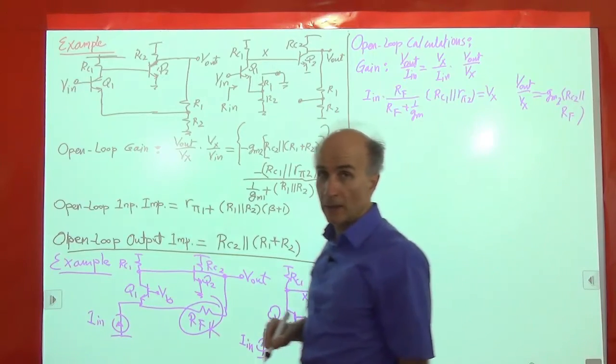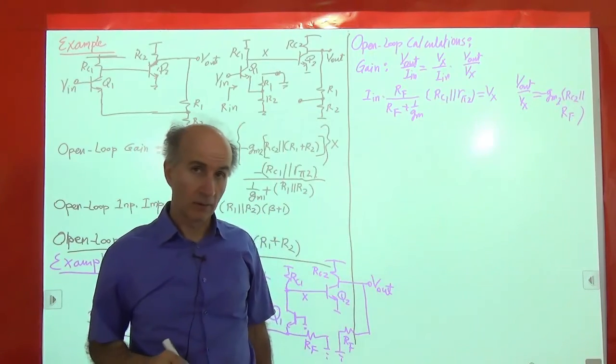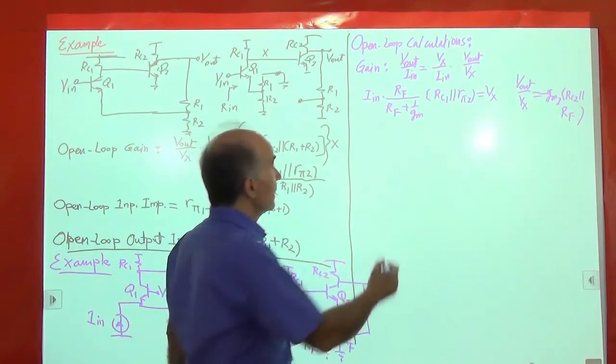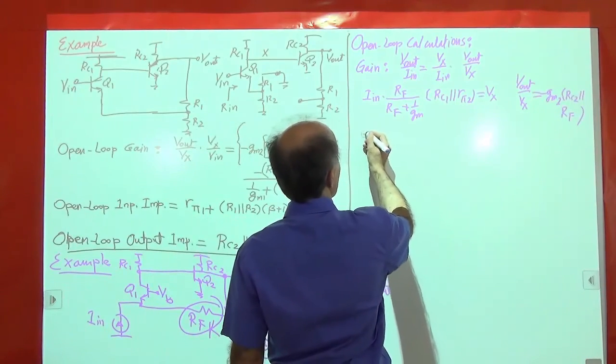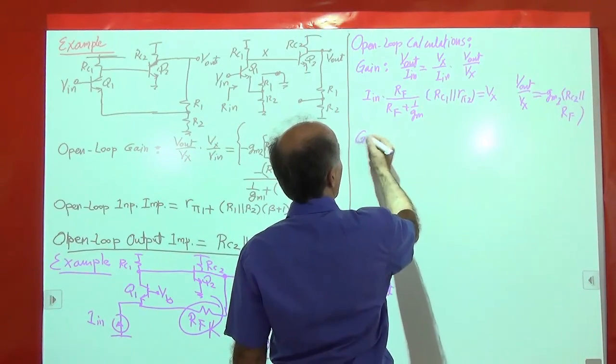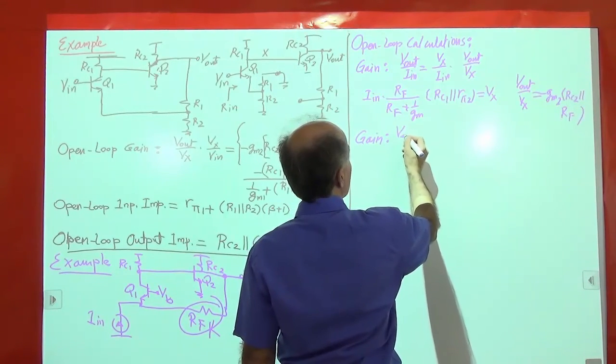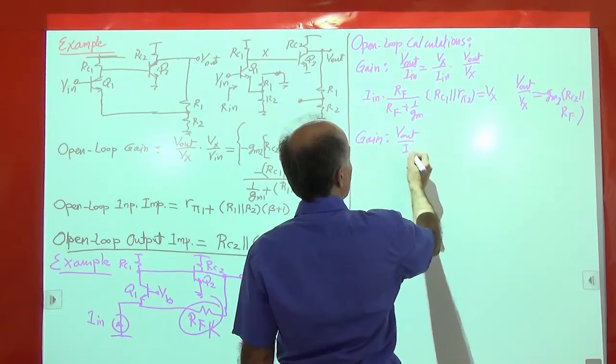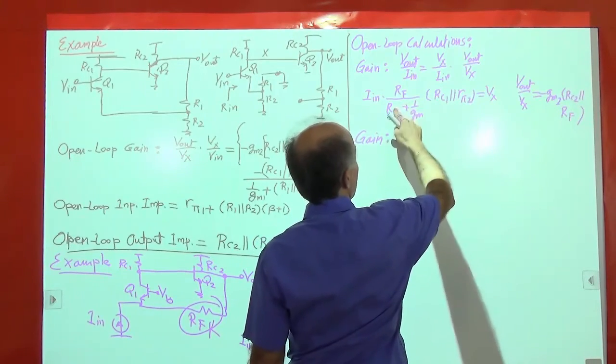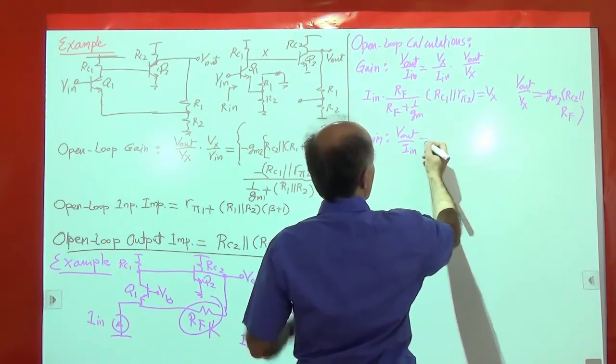Okay, so that is the gain of the second stage. The overall open loop gain, which is V out over I in, is the product of Vx over I in and that. So it's this whole mess.